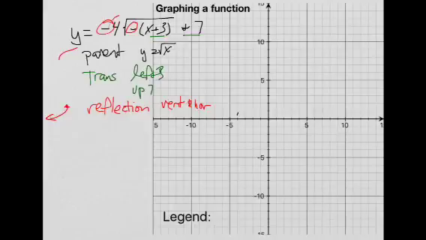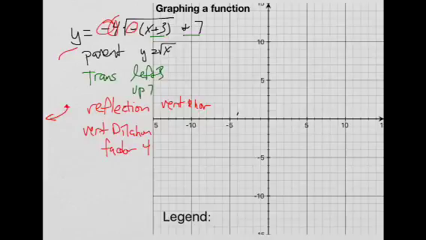I also see I have a dilation, a vertical dilation, factor of 4. That means I'm stretching it, making it much bigger than it would be. It would be taller.